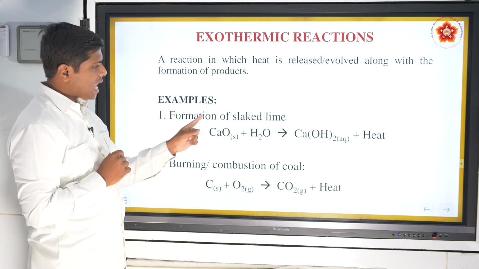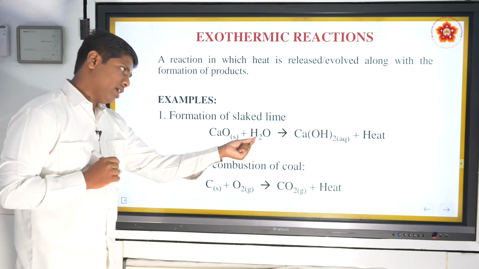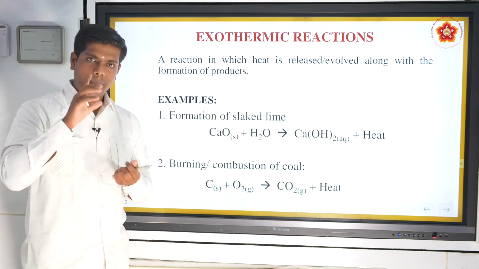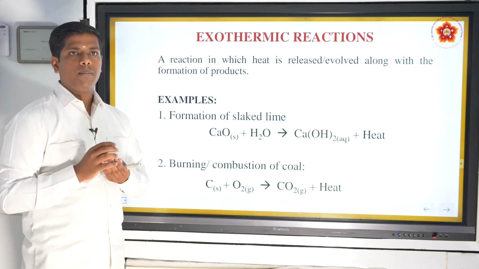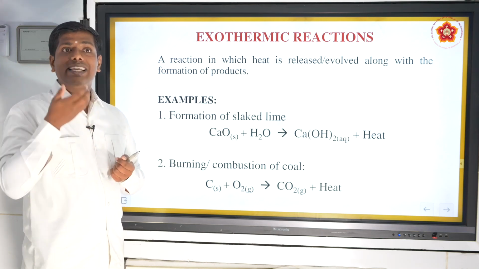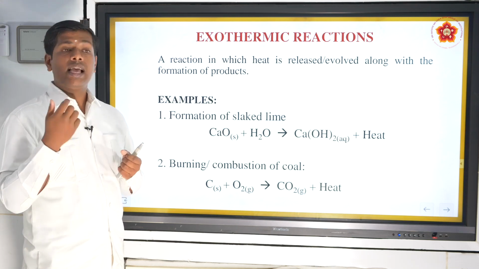Example: formation of slaked lime. Above we have seen calcium oxide added to water, we get calcium hydroxide and heat is evolved. Take a beaker, add calcium oxide and some water, and you will feel that heat is released from the container.